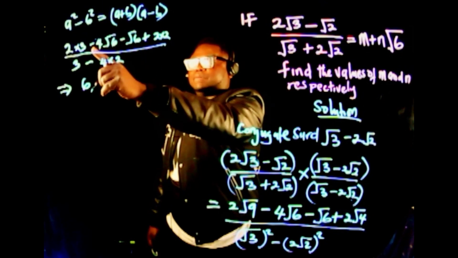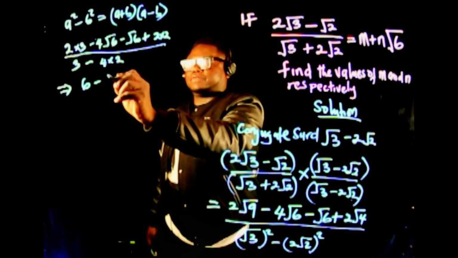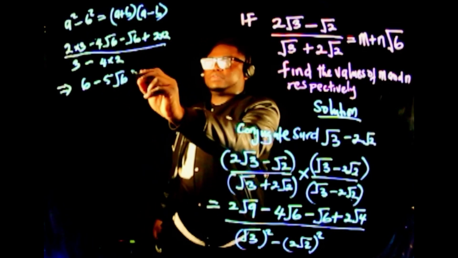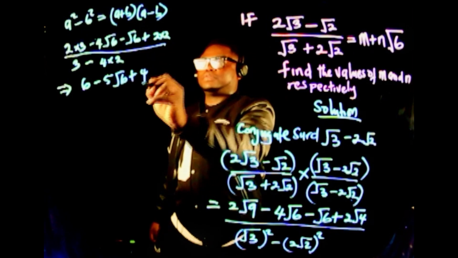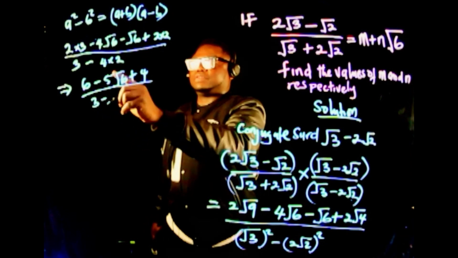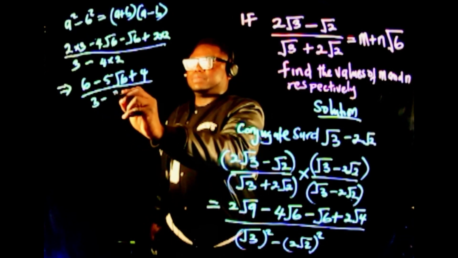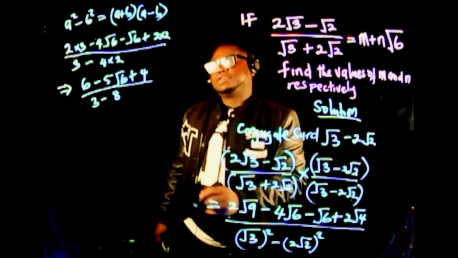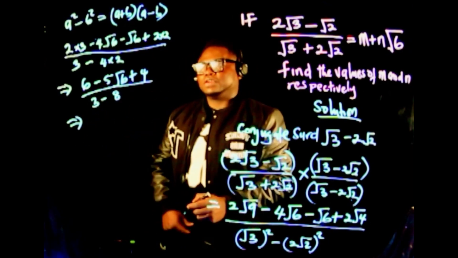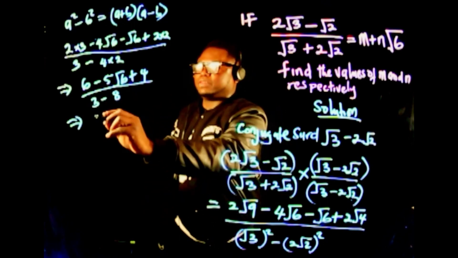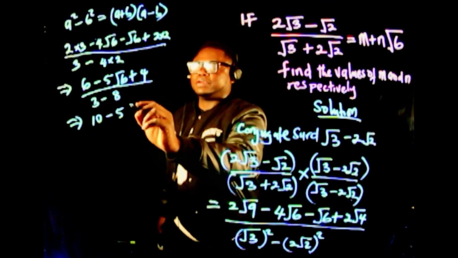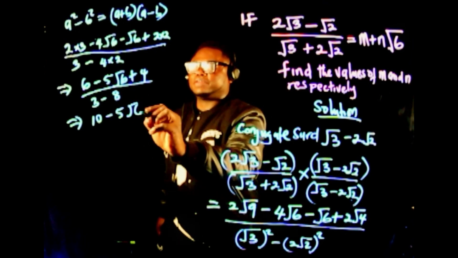That will give me minus 5 root 6, plus 2 times 2 is 4, divided by 3 minus 4 times 2, which is actually 8. Okay, so in this case, I'm going to consider the like terms. 6 and 4 are like terms, so it's going to be 6 plus 4. That will give me 10, 10 minus 5 root 6.